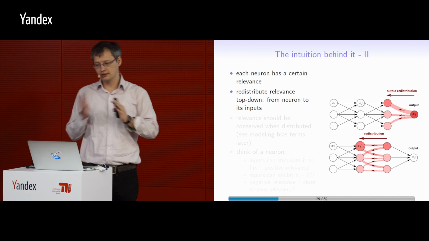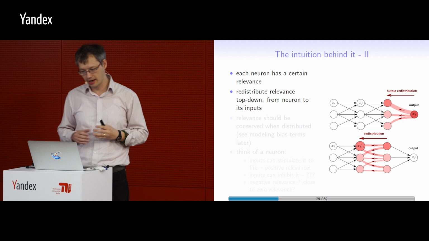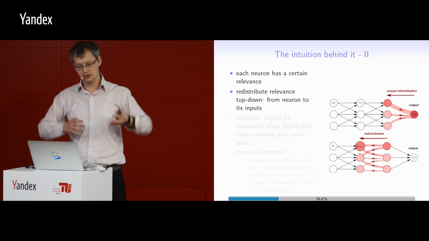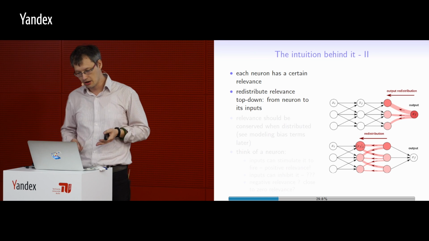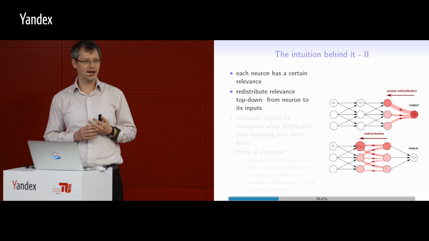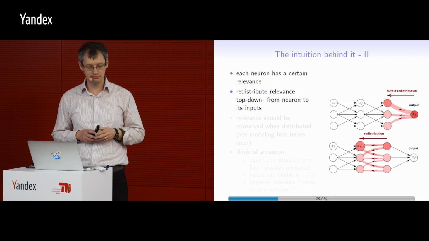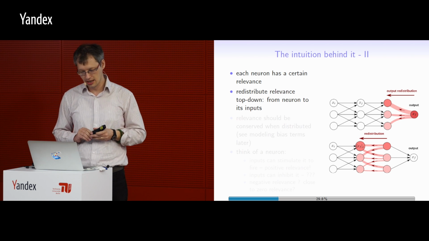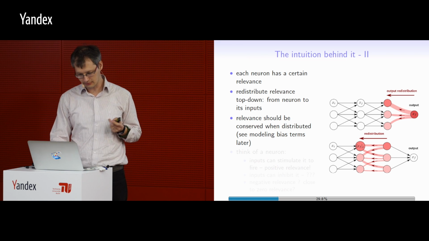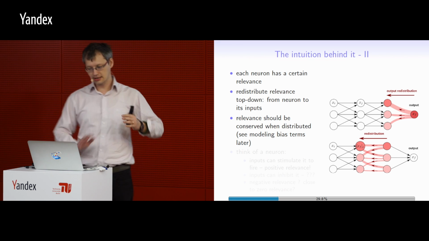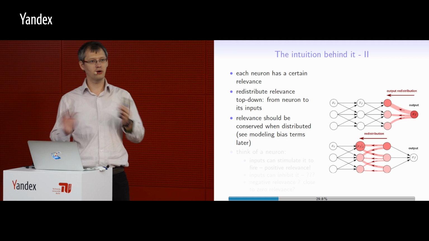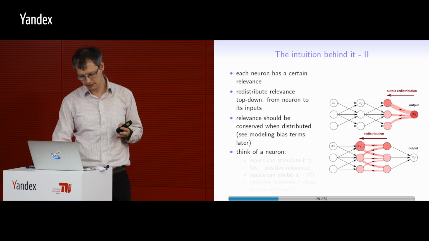Okay, so there is more intuition behind that. Every neuron has a certain value of relevance, and we distribute the relevance top-down from a neuron to its inputs. Another idea that I had, from when you look up this 2011 patent on bag-of-words features, is that the relevance should be conserved when you distribute it. And the other thing is that relevance was somehow related to a neuron firing or a neuron inhibiting, okay?